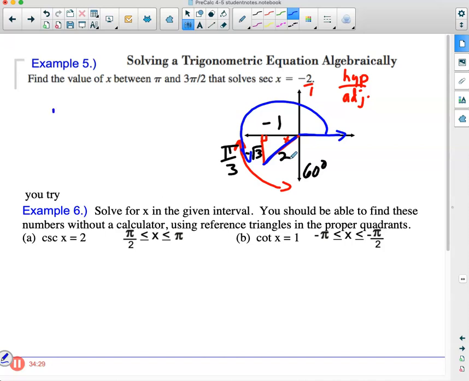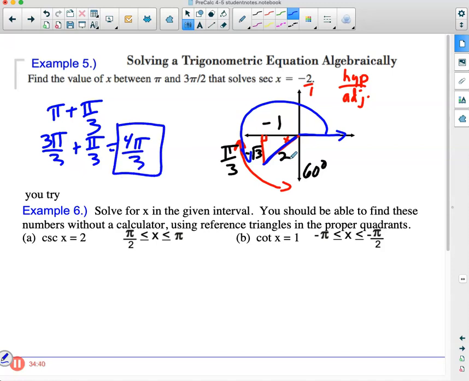So I'll have to do pi plus pi over 3, little common denominator action. And it's 4 pi over 3. So there's our value of x. Now, they specifically stated that we have to be between pi and 3 pi over 2, which means we have to give that in radians.